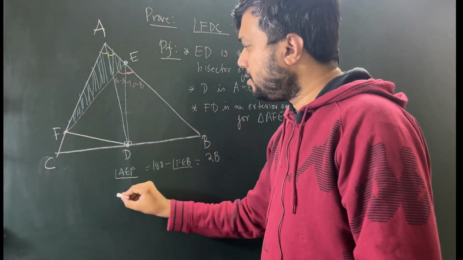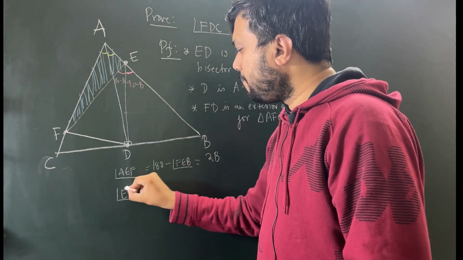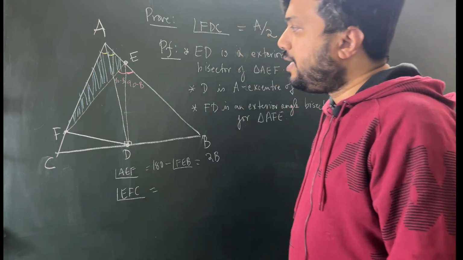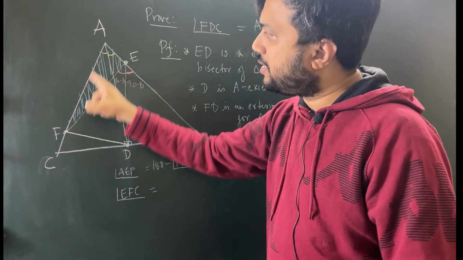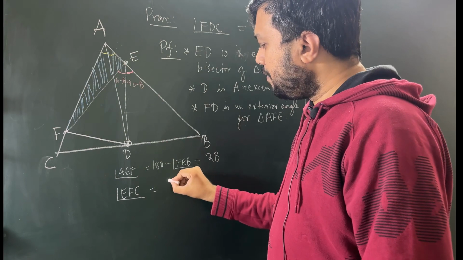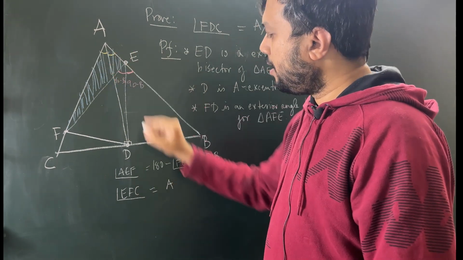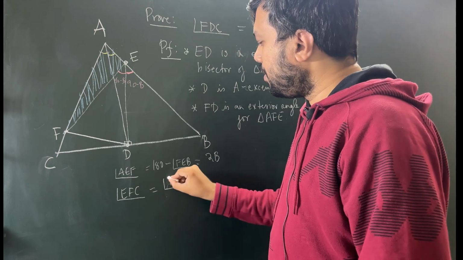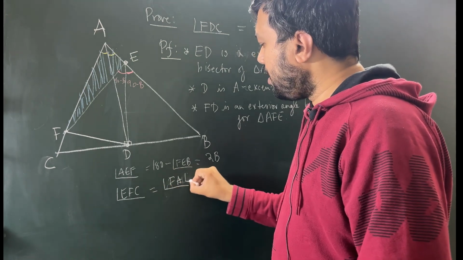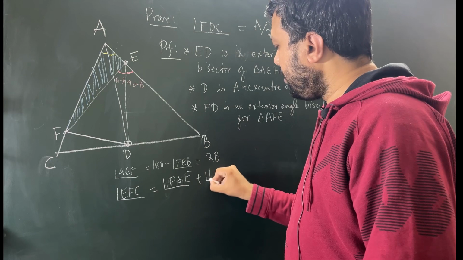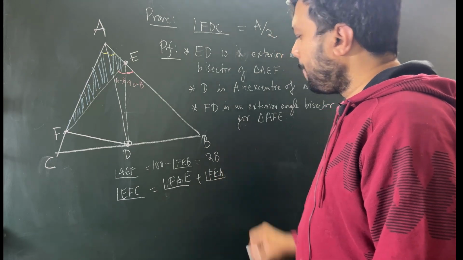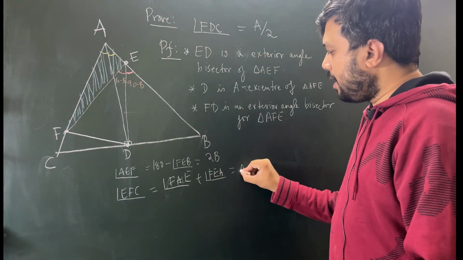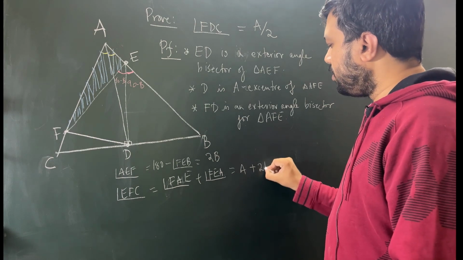The exterior angle EFC is the sum of the interior opposite angles, FAE plus FEA, and FAE is angle A, and FEA we just proved is 2B.